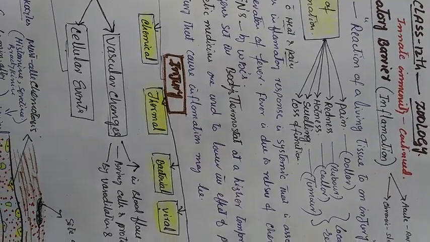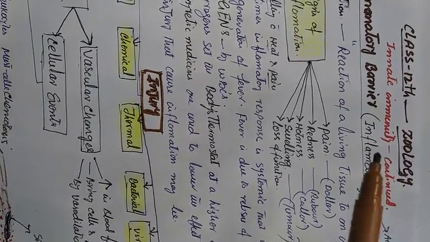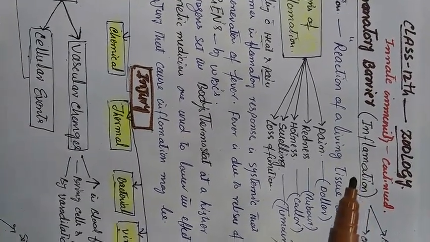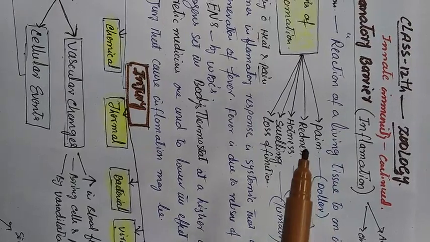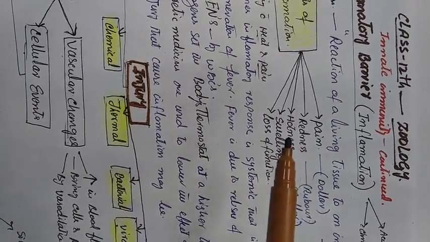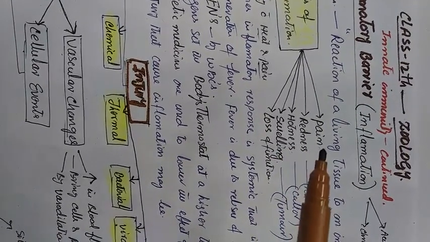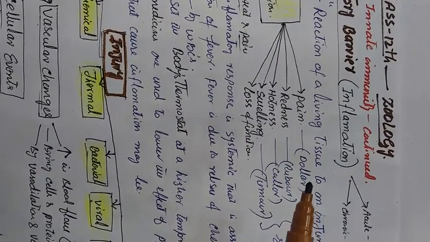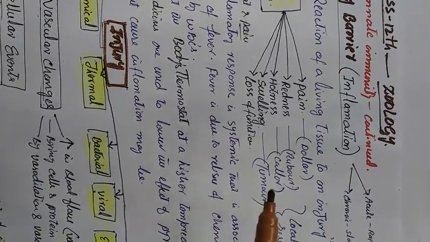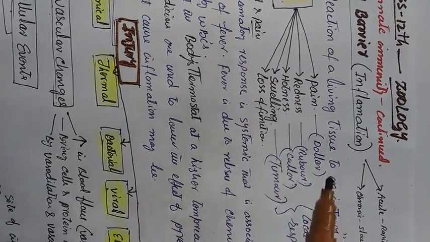The signs of inflammation are pain, redness, hotness, and swelling at the site of injury, which are also termed dolor, rubor, calor, and tumor. The pain is also called dolor.